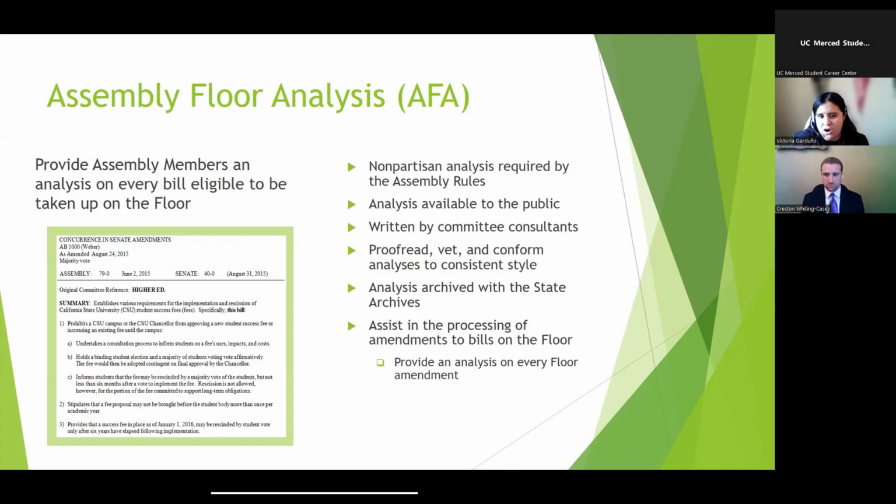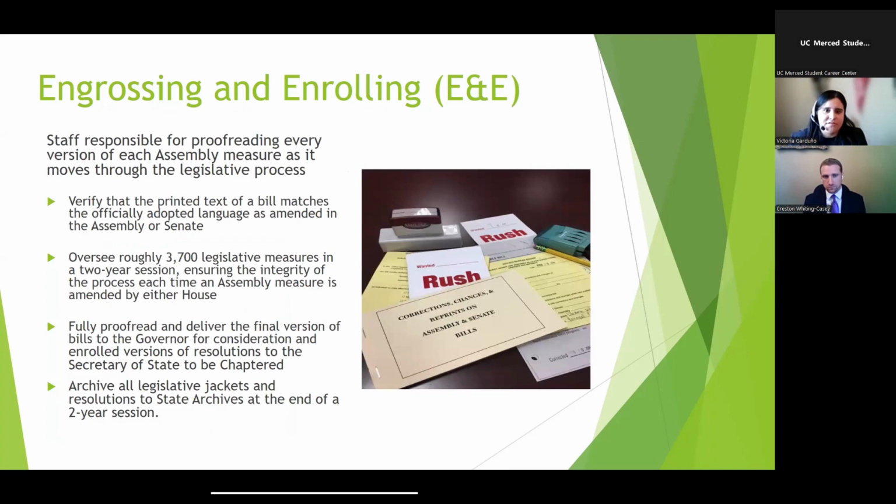And while we're doing this, during the legislative year, we also process amendments on bills on the floor. So if an office needs to amend a bill and it's on third reading, they come to the chief clerk and we help them by processing it. And if they have any questions, we help assist them.